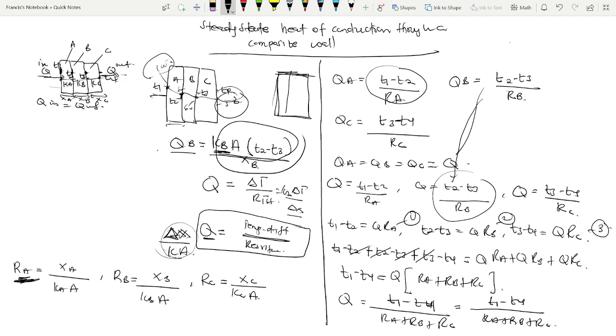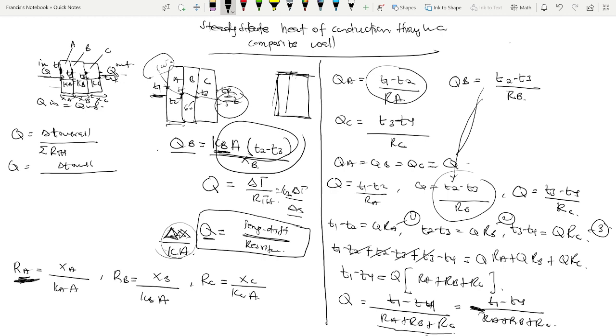And then we can see that our Q is equal to our overall change in temperature, because from this, our overall change in temperature will be from T1 to T4, and that's what we have here. So overall change in temperature all over the summation of all our thermal resistances.